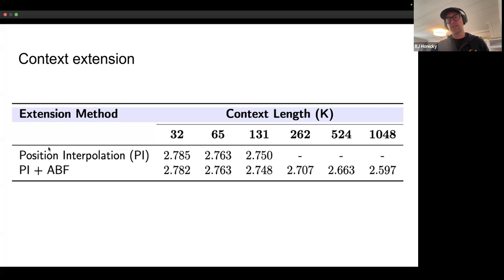They didn't seem to think it was super important, but basically this ABF is more scalable, and they get up to 1 million tokens. One thing I was unclear about is why the perplexity goes down as the context length goes up. Is it just a data distribution difference? Did anyone pick up on that? For genetic sequencing, that should be expected, mostly because the majority of the data is going to be repetitive. Once you've seen the pattern, you should be able to at least answer the pattern. Okay, I see. That makes sense.